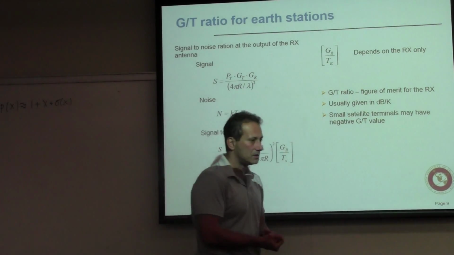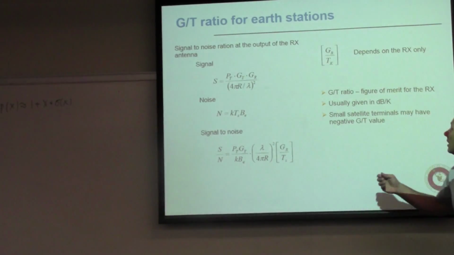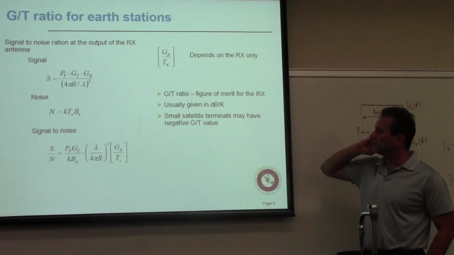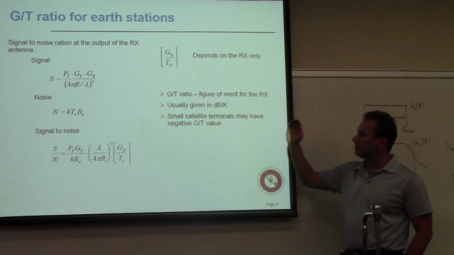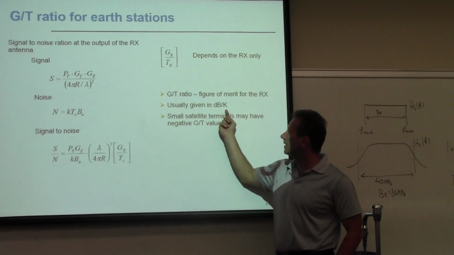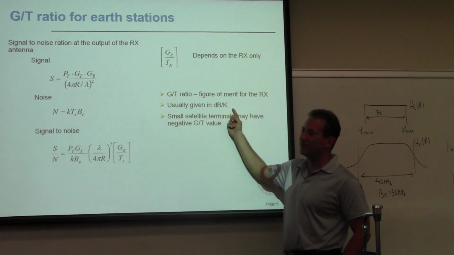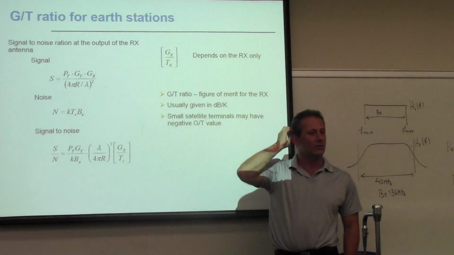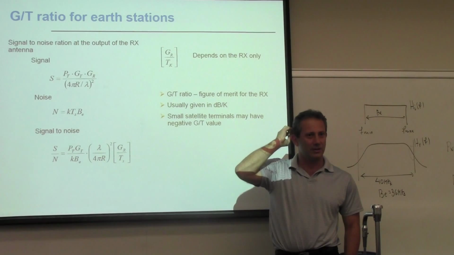Now, the G over T is, as I said, quoted as a figure of merit for a receiver, and it is usually given in dB per Kelvin, right? Which is one of those things where if you're in school, you kind of cringe.